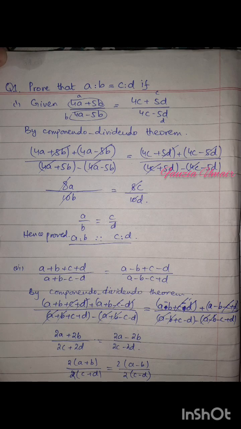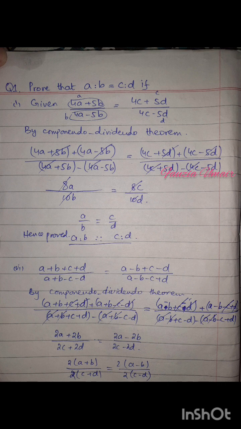Now let's solve questions. Question number 1. I have picked two parts, first part and sixth part. You need to prove that A ratio B is equal to C ratio D if the given values are equal, using the componendo dividendo theorem.